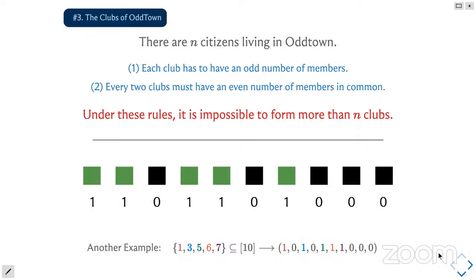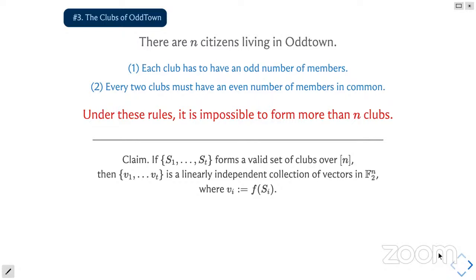So we have the correct destination. All that we need to argue is that if you're coming from a collection of sets that respect these two rules, then we have landed up with a collection of vectors that are linearly independent in the target space.